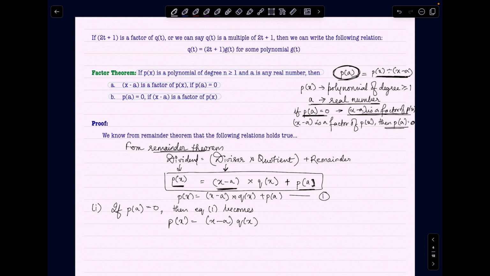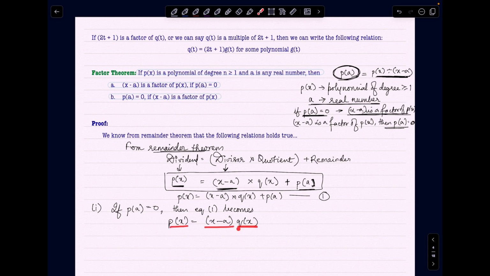Understood? I have already told you, if 2t plus 1 is a factor of q(t), I can write q(t) equals 2t plus 1 into some polynomial g(t). Here we get the same thing: p of x equals x minus a into q of x.